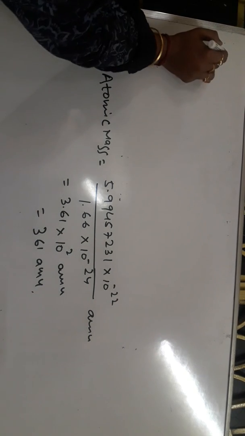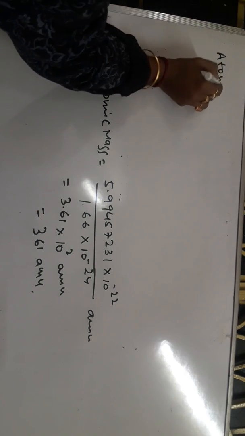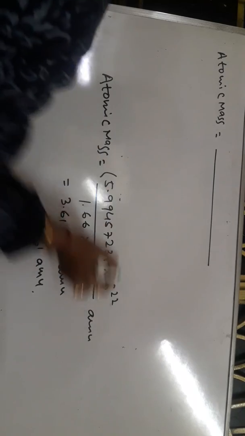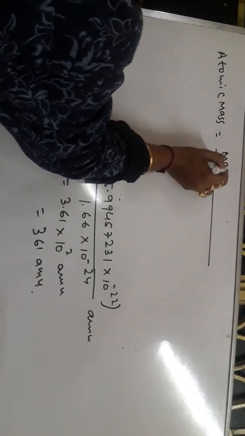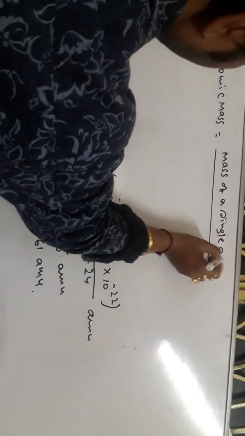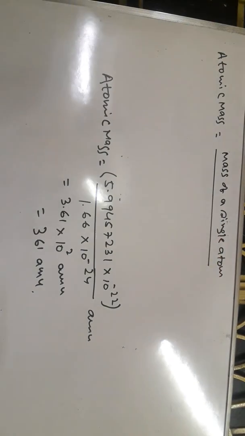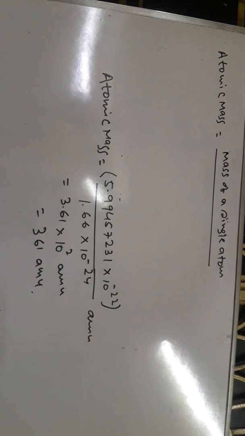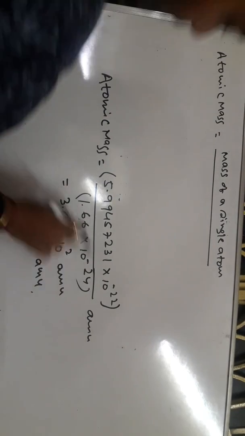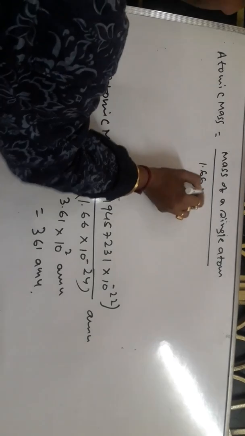So I can define this here. Atomic mass is equal to, what is this? This is the mass of a single atom. Whenever we are talking about the mass of a single atom, we are concerned about expressing the mass in gram, divided by 1.66 into 10 to the power minus 24.